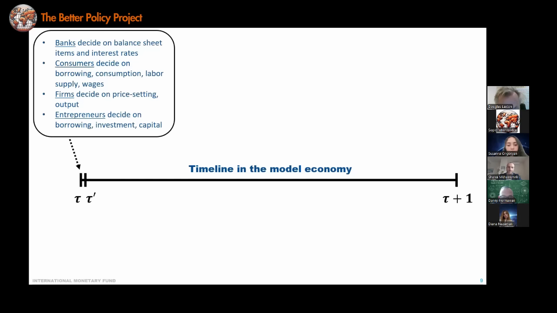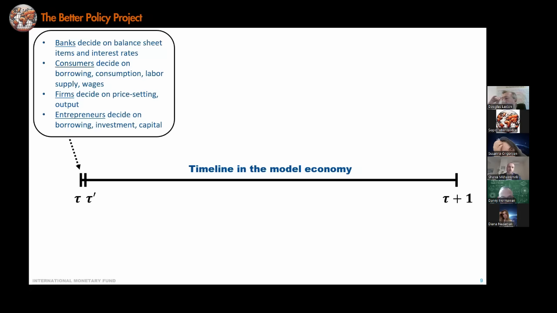In terms of the timeline in the model, two important things are, we need to generate demand for loans, and we need to make banks exposed to these types of risks. And our assumptions in terms of the sequencing or ordering of decisions make banks exposed to these risks, the liquidity risk, credit risk, and so on.